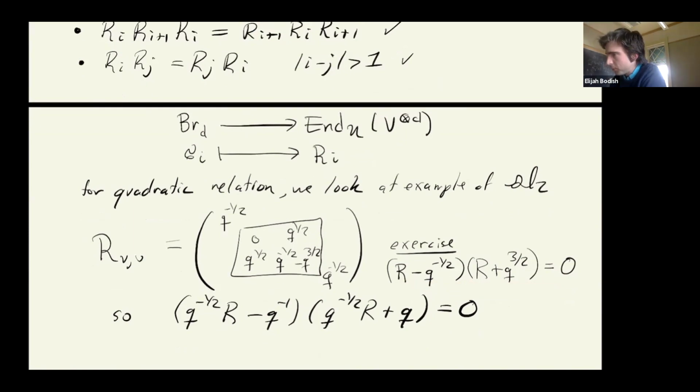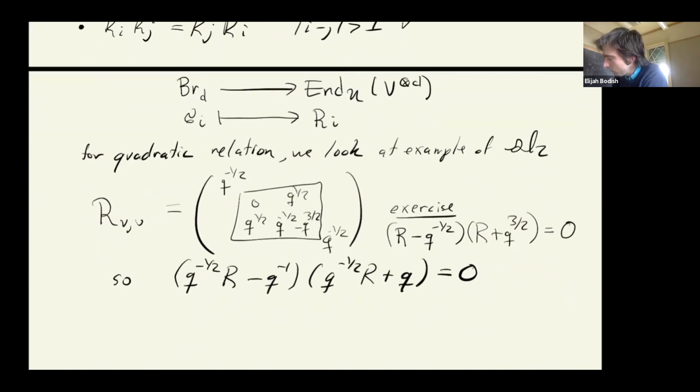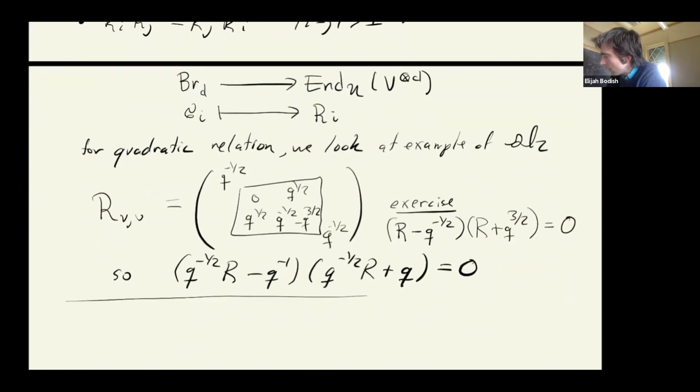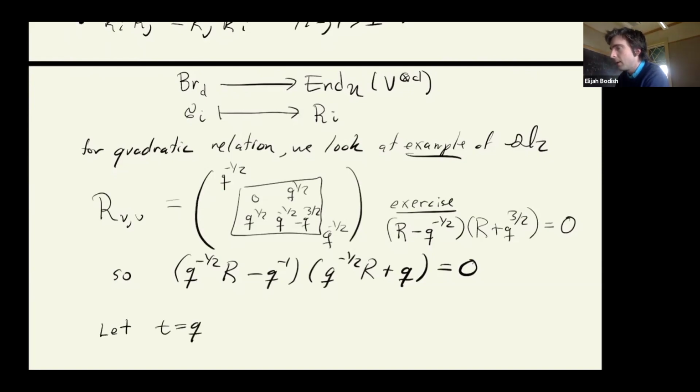So now what we'll do, still in this example, is let T equal Q. I'm specializing the group algebra of the braid group to my field K, and I'll also be specializing my Hecke algebra to my field K by setting T equal to Q, and I get the following.